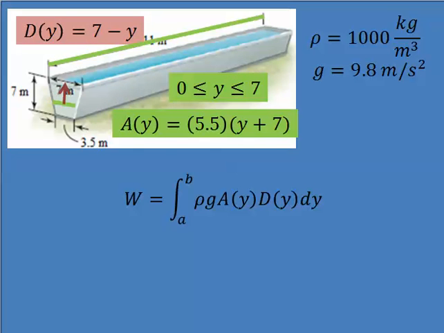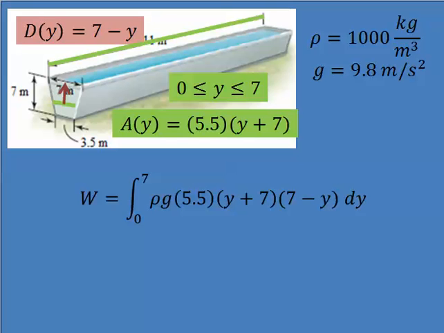I've set up the problem so that y runs from 0 to 7, so that'll be the bounds on my integral. I have also found A of y, the area of my rectangle. I have found D of y, the distance the rectangle has to travel. I know what the density of water is, and I know what the force of gravity is. So right now, I just plug everything into my integral.